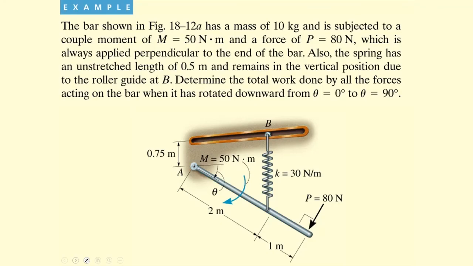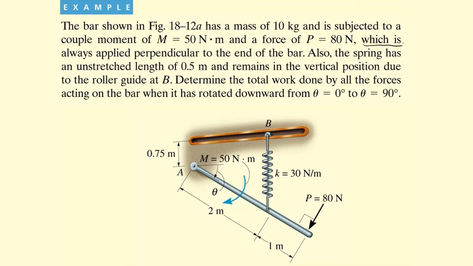Now let's take an example on how to calculate the work done by different forces. The bar shown in the figure has a mass of 10 kilograms and is subjected to a couple moment M equal to 50 Newton meters, as shown in the figure. It also has a force of 80 Newtons, which is always applied perpendicular to the end of the bar.